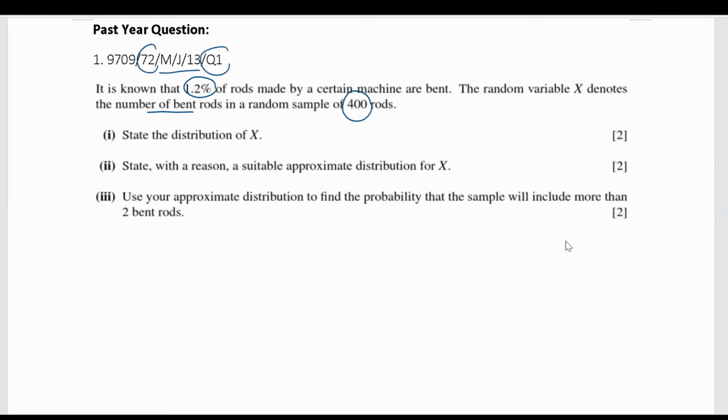Part 1: state the distribution of X. The distribution we have here should be a binomial distribution. So you have to say that X follows a binomial distribution and then give the parameters, where n is 400 and the probability is 0.012.